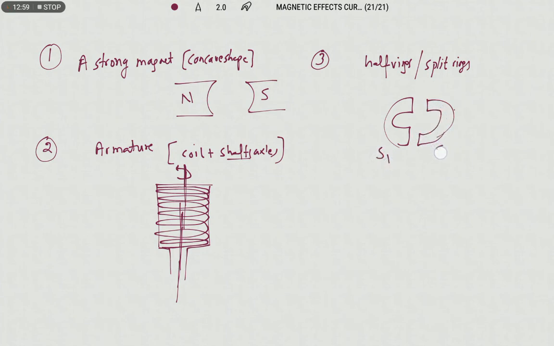Two split rings will be here, S1 and S2, and the two ends of the armature are attached to one or the other of the split rings. And the last one, which is very important, is the carbon brushes. These carbon brushes are the contact points for the split rings through which the current is entering into the coil and leaving the coil.